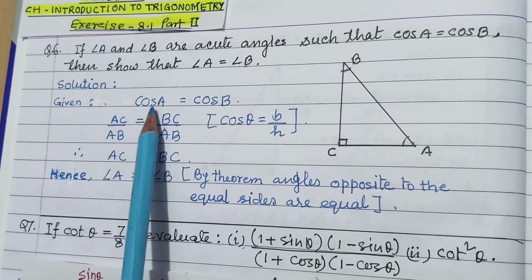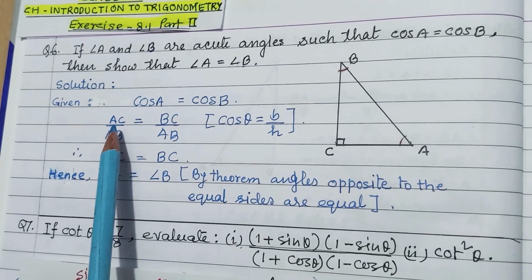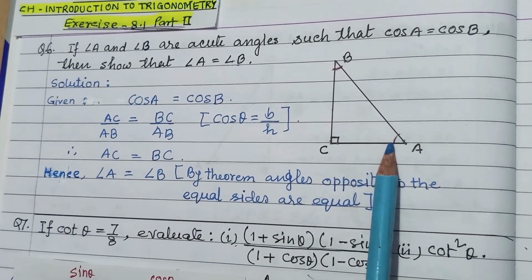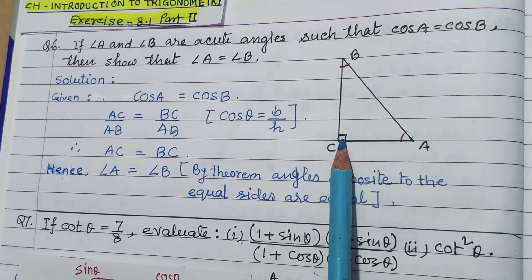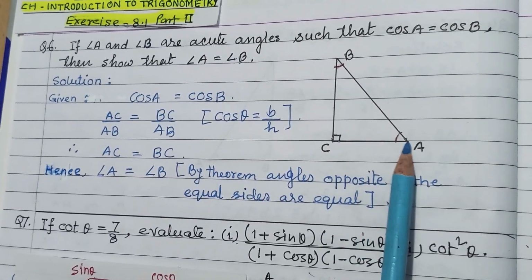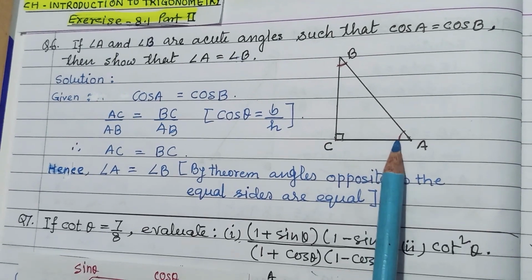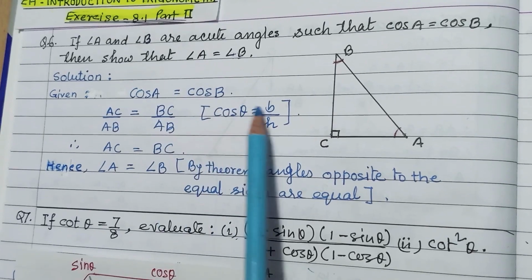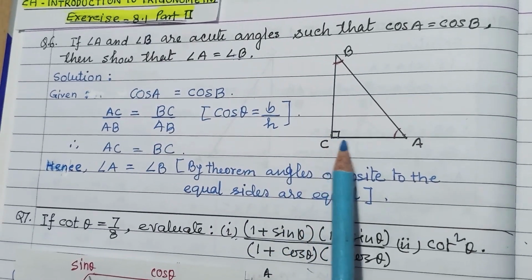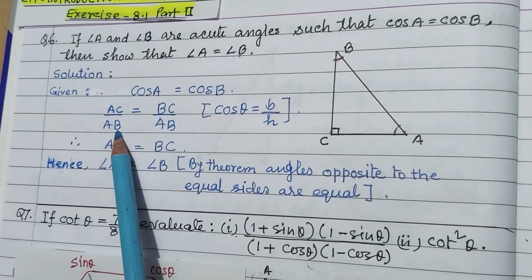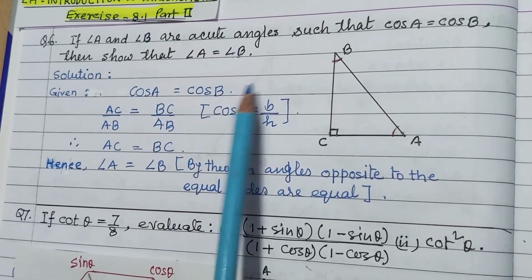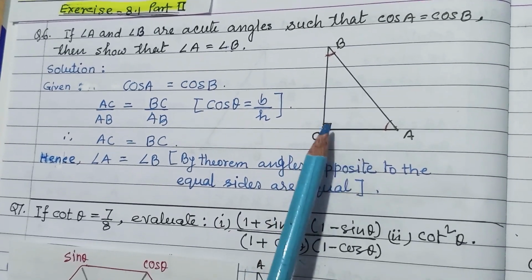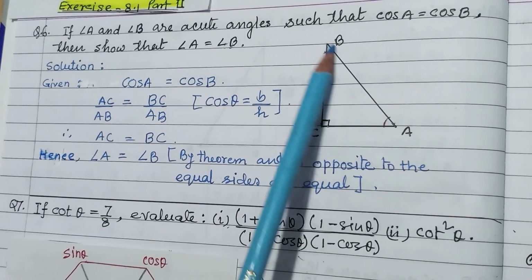Now, given cos A is equal to cos B. Cos A is equal to this angle, given angle and 90 degree, this side is the base, so it is AC base. So cos A is base upon hypotenuse, so AC upon AB, and cos B, when B is the given angle, this is the base, so it is BC upon AB.